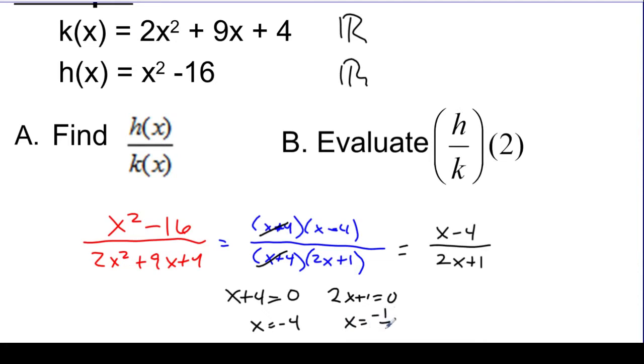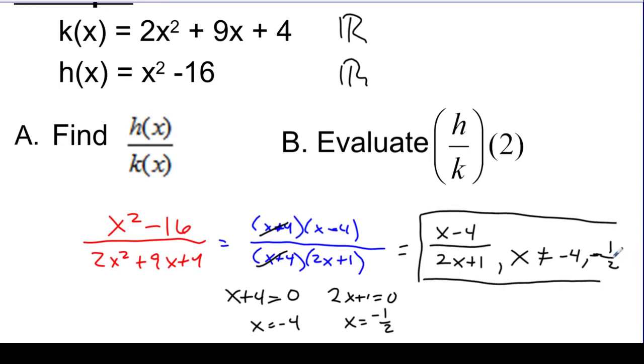Well, it's negative 1/2. So I'm not allowed to have these two numbers. X is not allowed to be equal to negative 4 or negative 1/2. This is my domain restriction on the original function, so it's also my domain restriction on my answer here. So my final answer is this right here.